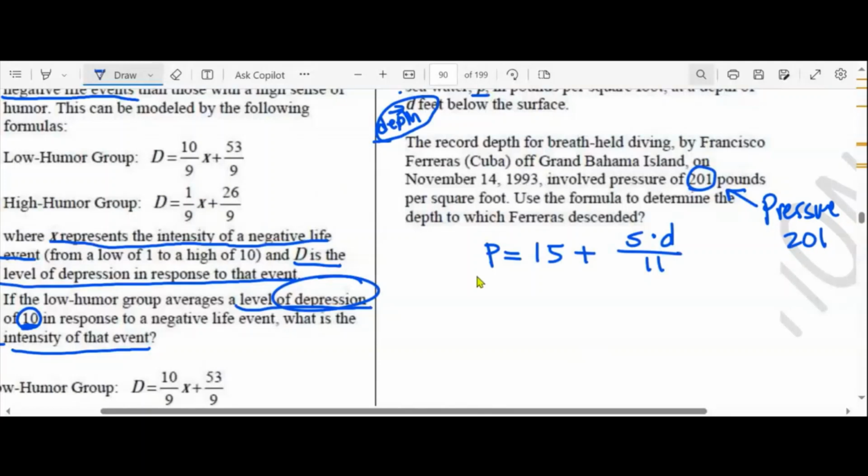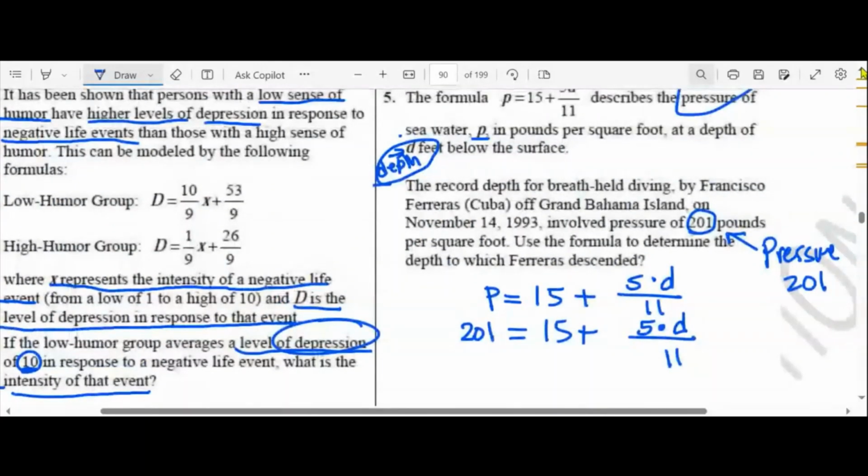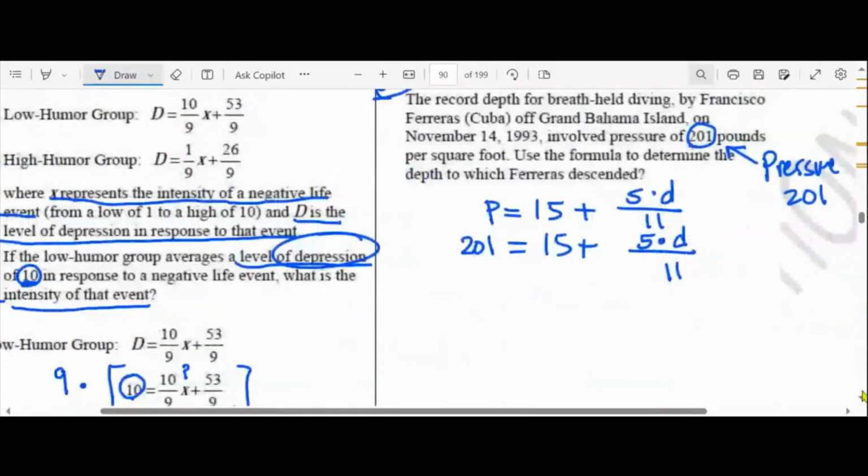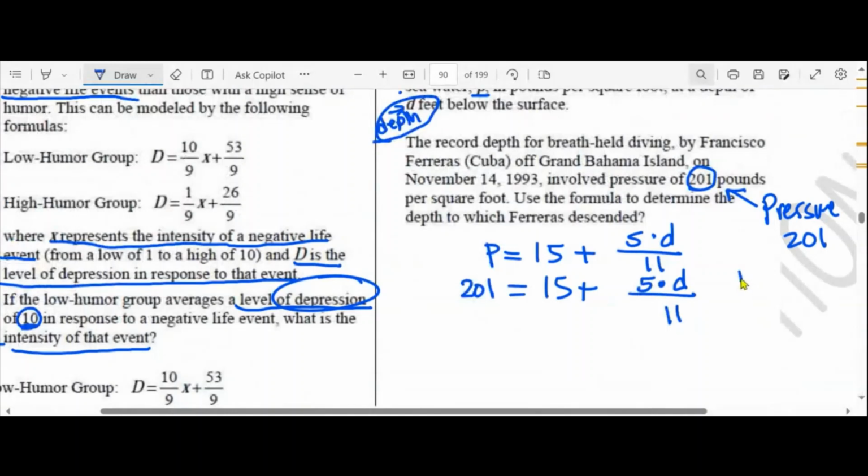So where should I put 201? Here, right? Everybody solve this and find how much D is. D is the depth or the distance, correct?